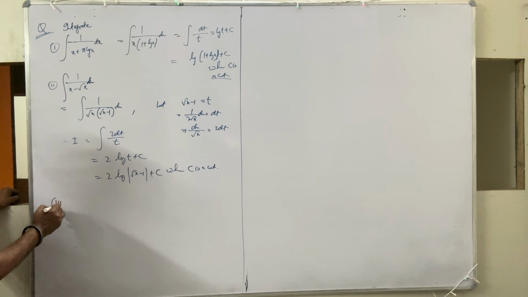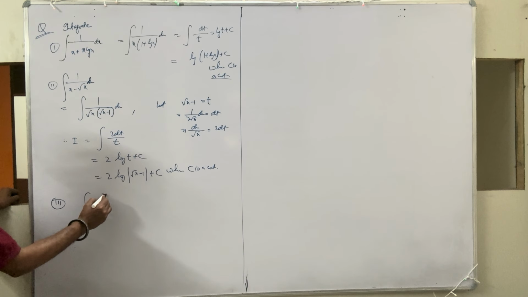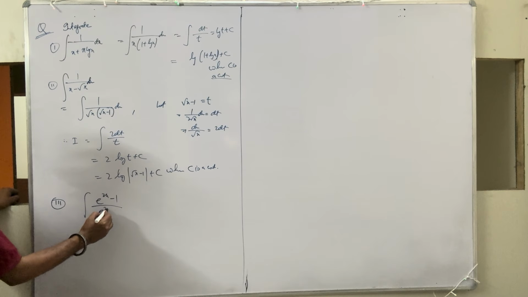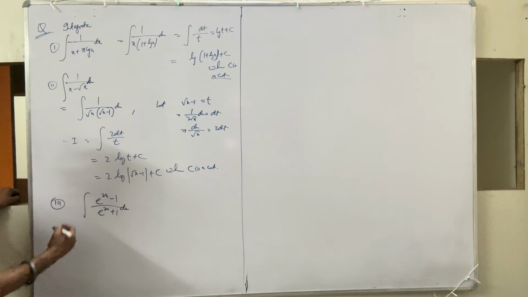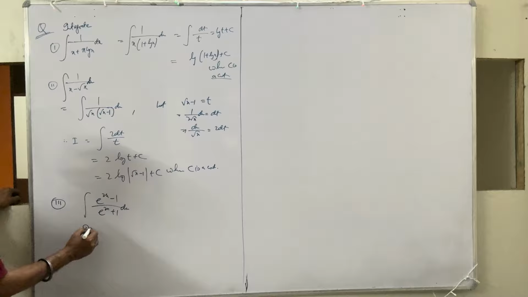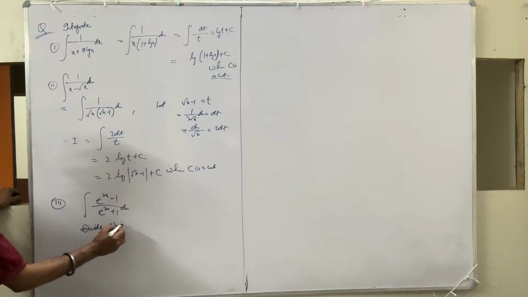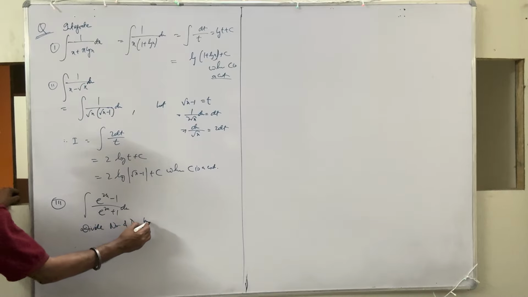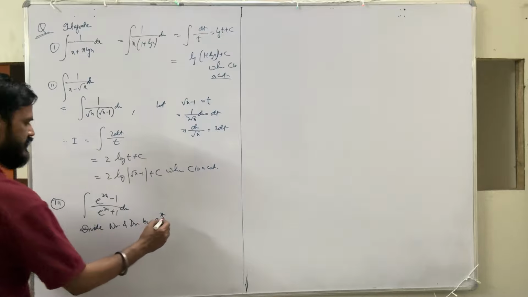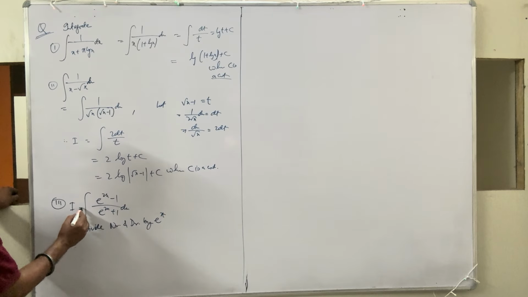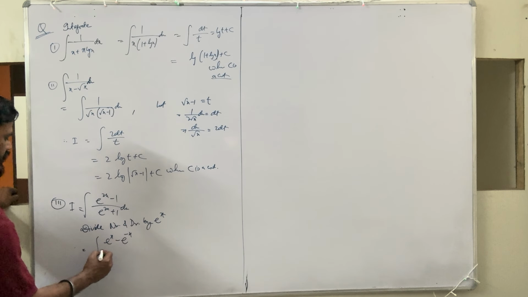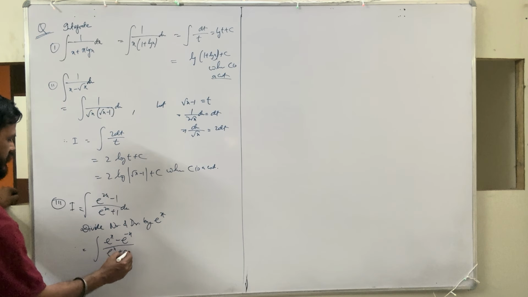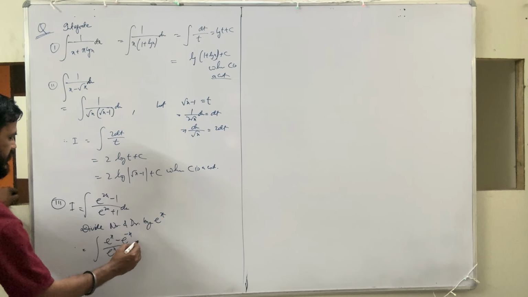Now the third problem will be integration of e to the power 2x minus 1 by e to the power 2x plus 1 dx. Now here we need to divide numerator and denominator by e to the power x. Then I will become e to the power x minus e to the power minus x by e to the power x plus e to the power minus x dx.